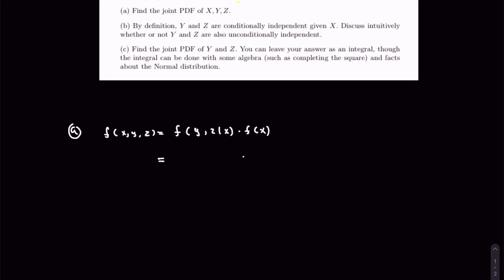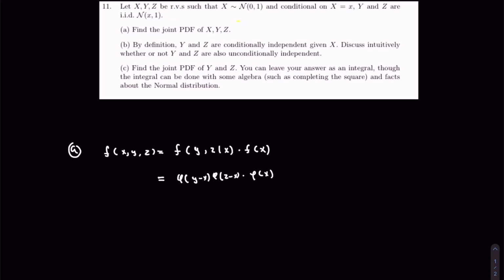I'm just going to write this as phi of x, and the rest is basically phi of y minus x, since now we're subtracting off x, and phi of z minus x, over the real space, so whatever x and y are defined, which is plus and minus infinity here.